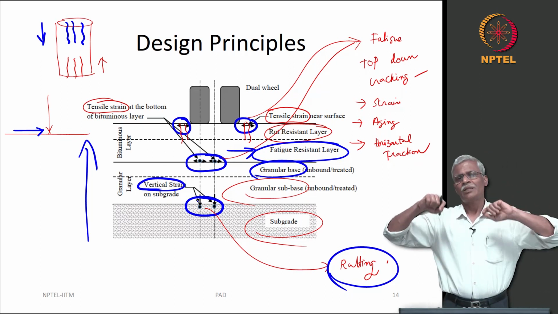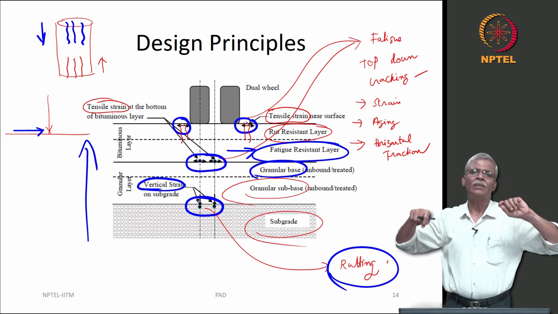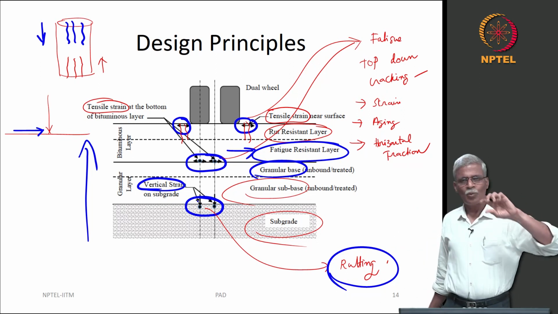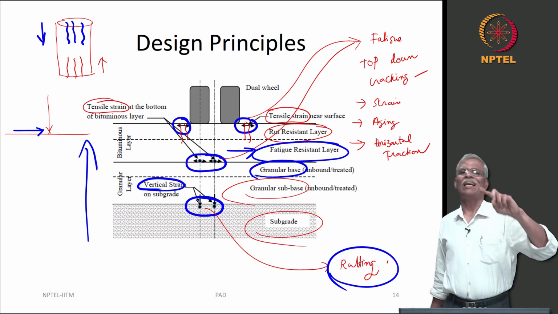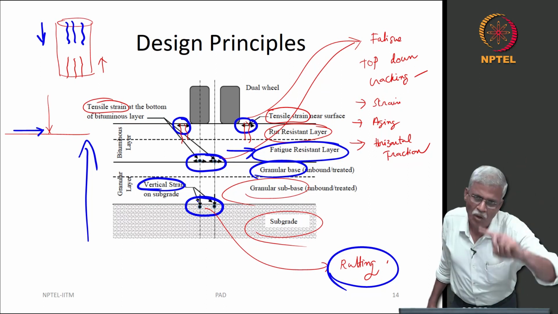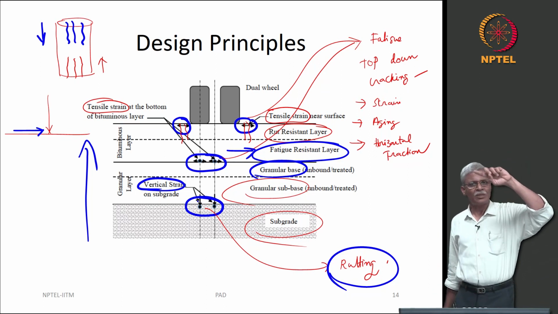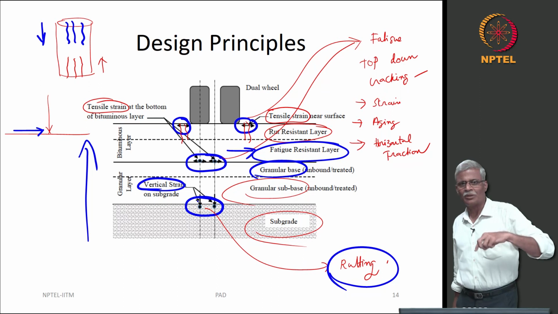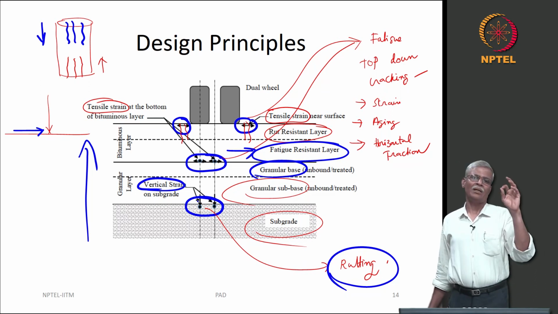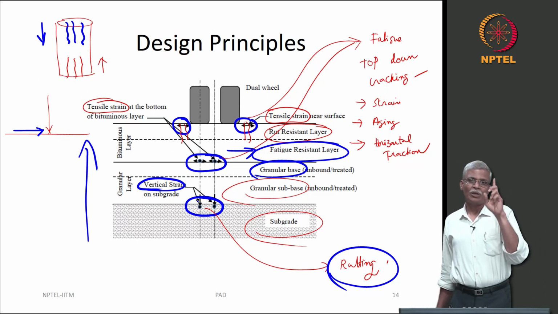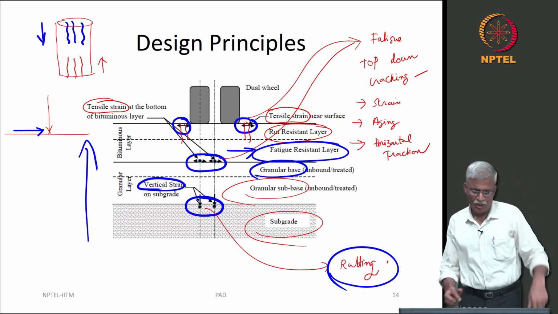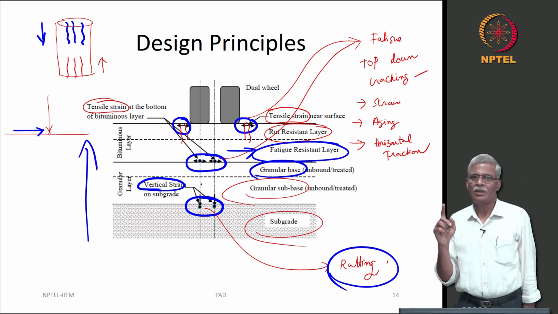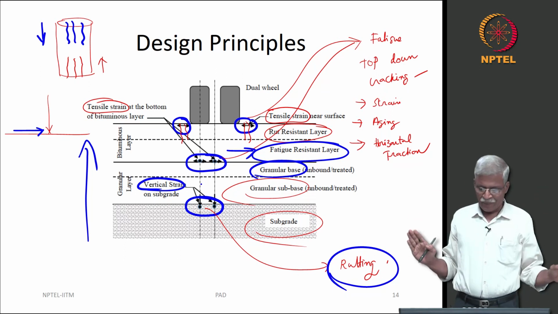So, what IRC would want us to do is, since this is the topmost layer and the layer that is in contact with the load being transferred from the tire to the pavement, make the layer rut resistant, but do not check for its rut resistance, because you are going to check it only based on the weakest layer. I hope it is clear.